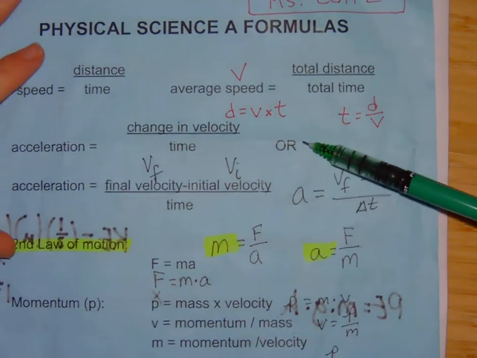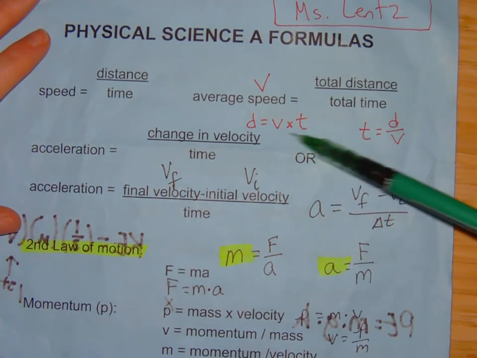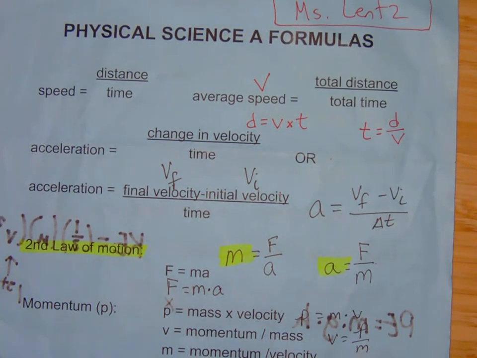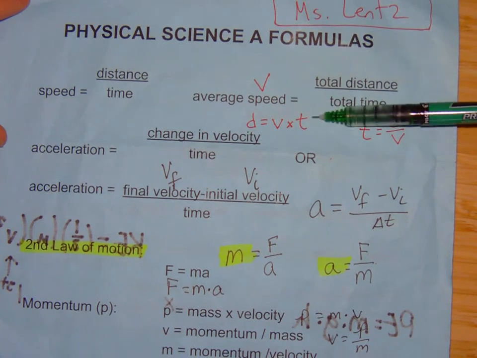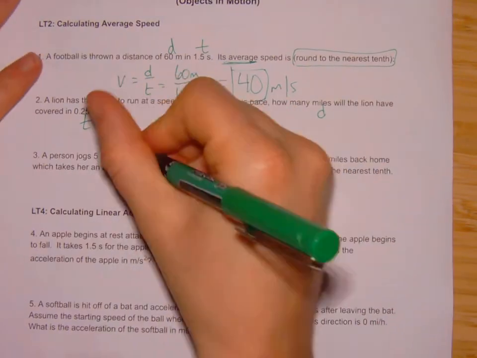And for this one, I had already rearranged it on your formula sheets back in August or early September when we were at this part of the unit, unless you have me in the winter trimester, then who knows when it was, November. But early on. So if we're looking for distance, we know it's speed multiplied by time.